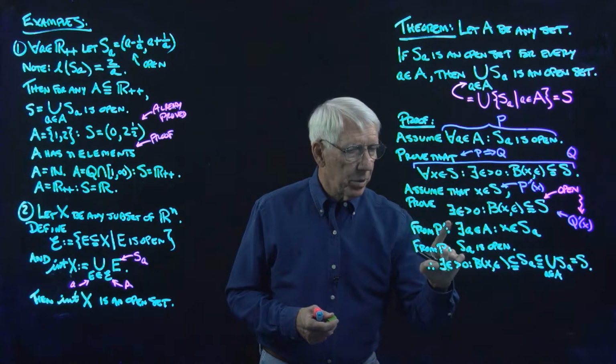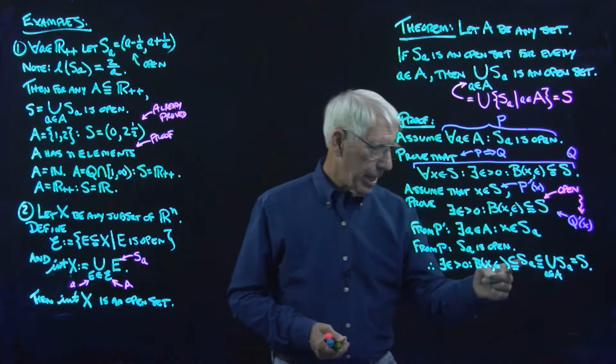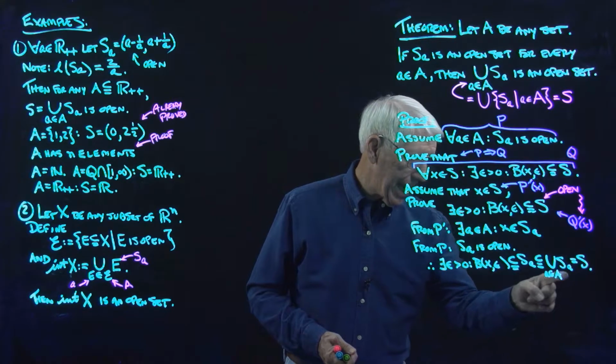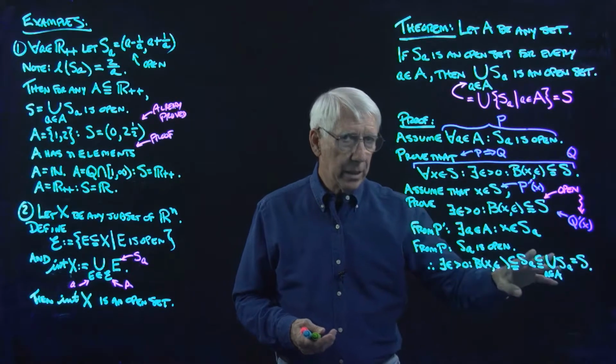which would complete the proof except for one thing, and that is here I've used little lowercase a as the index set here, and here I've got A as a particular A, so that isn't quite kosher there.